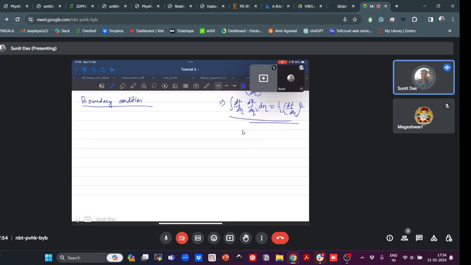So first boundary condition is η equal to 0 at x equal to 0. Or we can have df/dη tends to 0 as η tends to infinity, right?